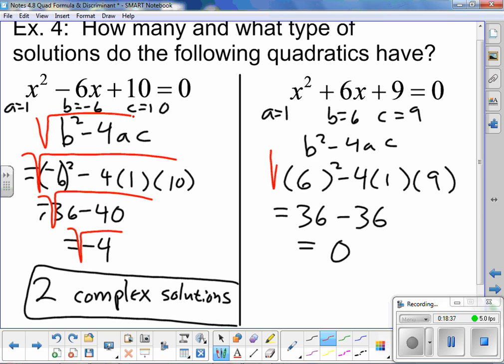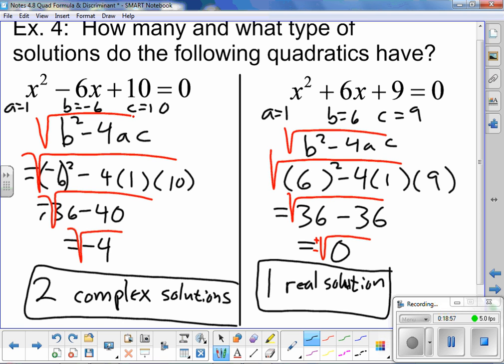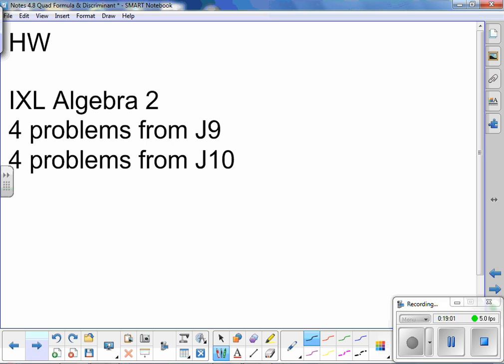If you take the square root of 0, even if you have a plus minus square root of 0, that's still just 0. So this is one solution, one real solution. And then if it was just a regular old positive number inside of there, you would have two real solutions.